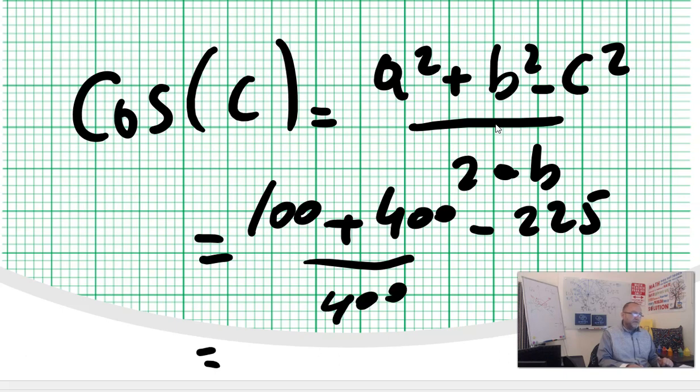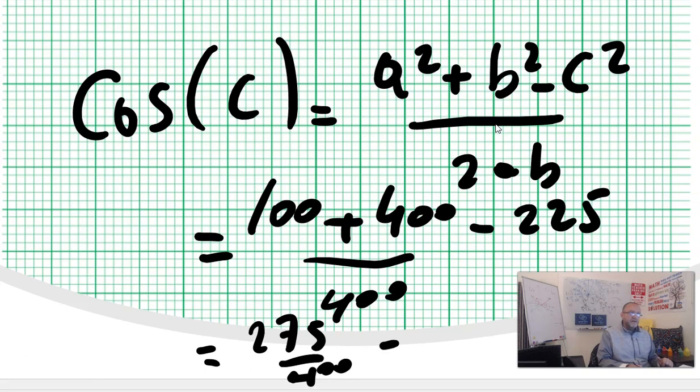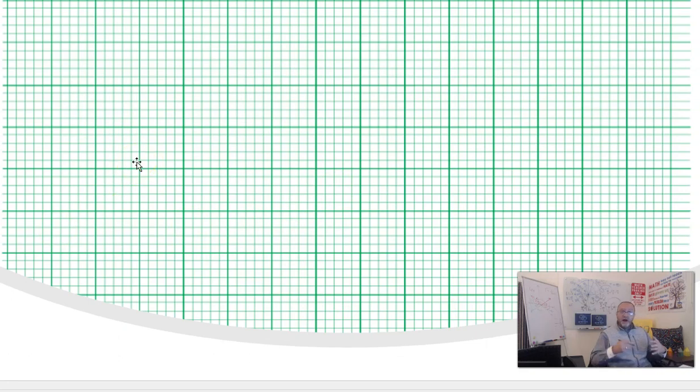So I get 275 divided by 400. On a regular calculator, that's 0.6875. So now I didn't use 180 minus the other two angles. I used the law of cosines just to assure myself that I'm using the right formulas. This is the right approach.